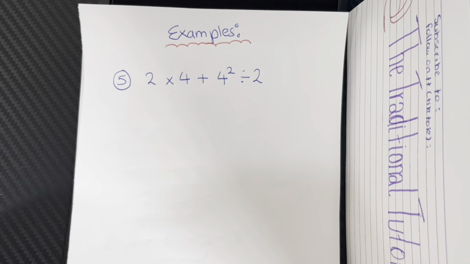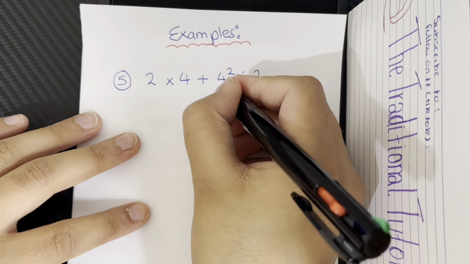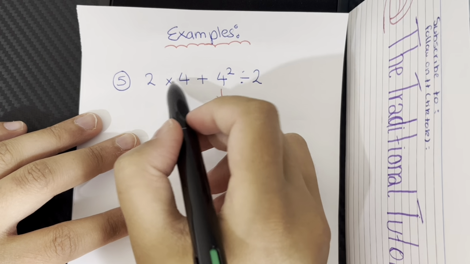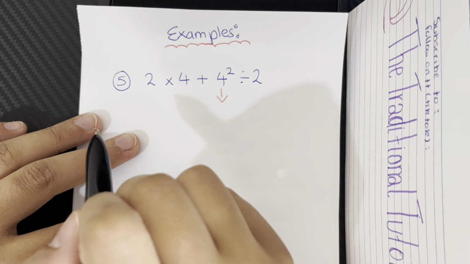Okay, now we've got again a series of operations happening here. We will be looking at, of course, our indices first, so that means 4 squared, because that comes before any of the other operations, according to BIDMAS.